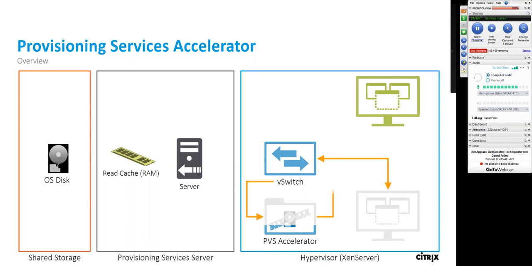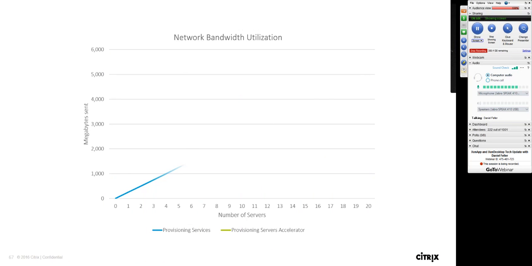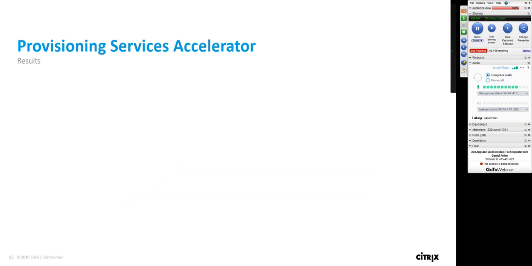Now the second VM boots, goes to the virtual switch, and gets its information directly from the PVS Accelerator instead of through the PVS server. So go back to this little graph: instead of having this linear network requirement, it pretty much flatlines. One machine boots up, there's your 200 megabytes, and everyone else uses the same cache.